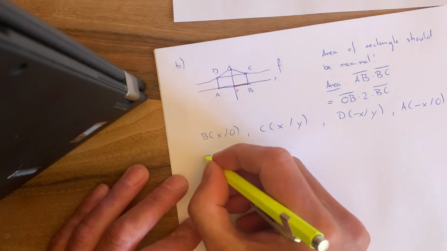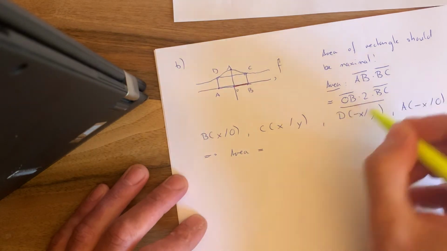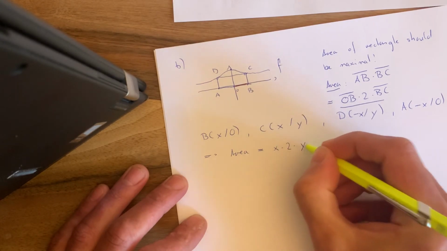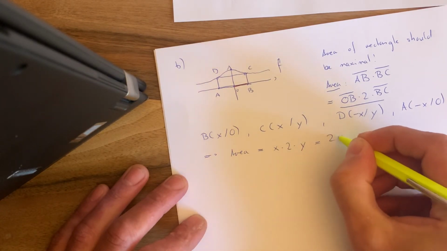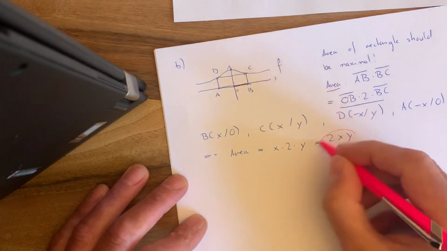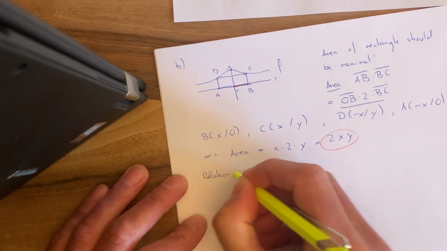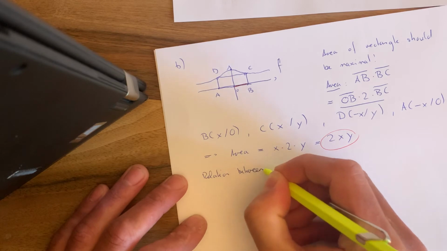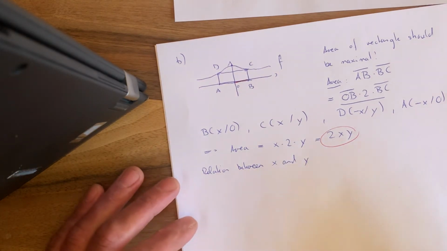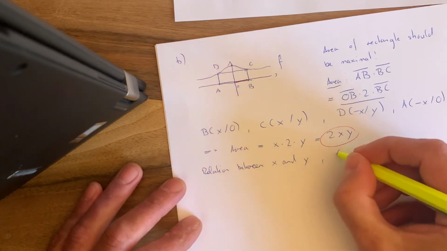So let's see. This means the area of the rectangle, if we use this formula here, is given by x times 2 times y, or to put it otherwise, 2 times x times y. So the only thing left to do is to find the relation between x and y. And of course this relation just results from the fact that point C lies on the graph.